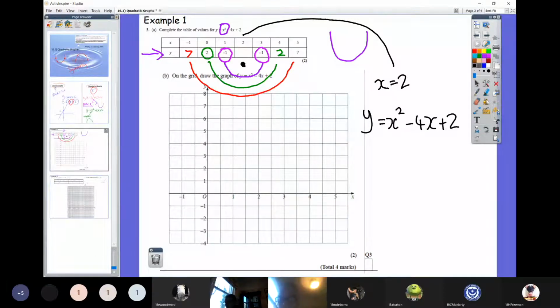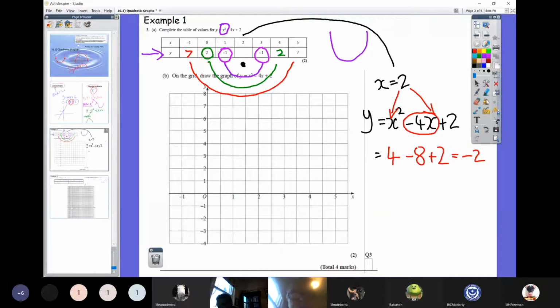Let's substitute 2 into where the x's are. First I do 2 squared, which is 4. Then I do minus 4 times 2, which is -8. Then I'm adding 2 on the end, and -4 add 2 is -2. So I've got a value of -2 in the middle.